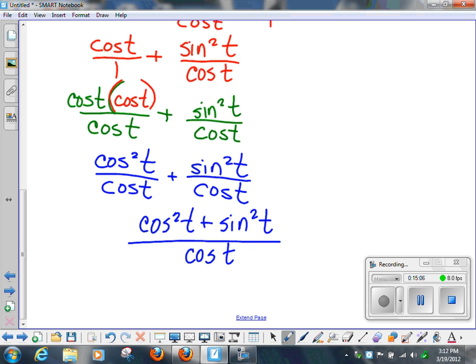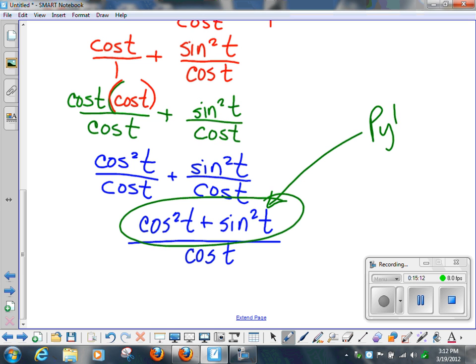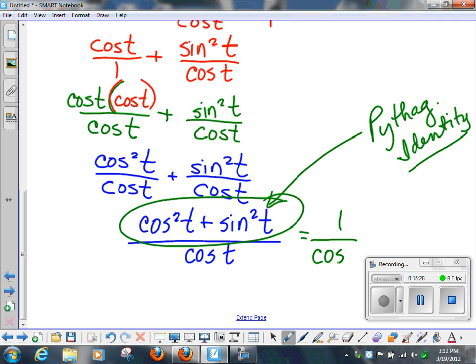Folks, this cosine squared plus sine squared is the Pythagorean identity, and it should already be on your card. We're going to change that whole expression to 1 over cosine. And what is 1 over cosine? Secant, which we just talked about a few minutes ago.